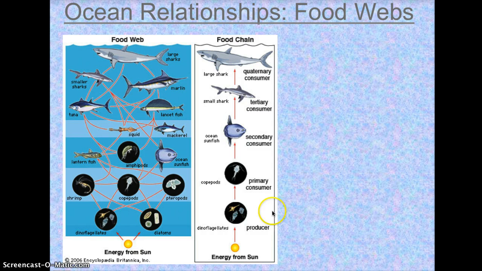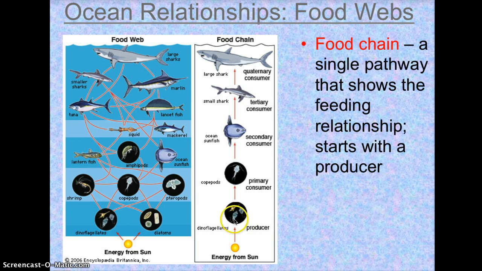A food chain always starts with a producer, one of those animals or plants that get its energy from the sun. Okay. And so as you notice, there's one single pathway starting from that, and it shows how the feeding relationship goes, aka it shows how the energy travels from one to the other.